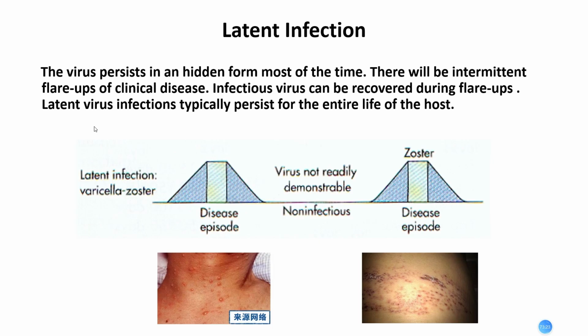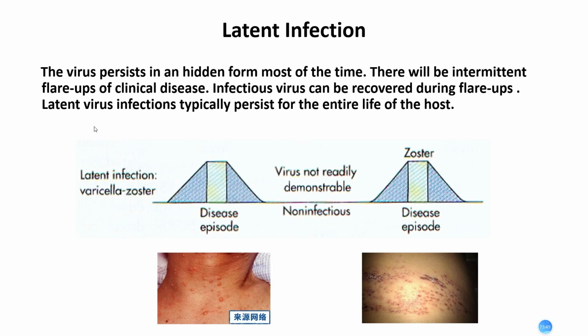Anyone? Yeah, I guess a lot. So the good news is that you will never get chicken pox anymore. But the bad news is that after you get infected by the varicella virus, the virus would become latent in your neuron. So it will hide in the neuron for life.